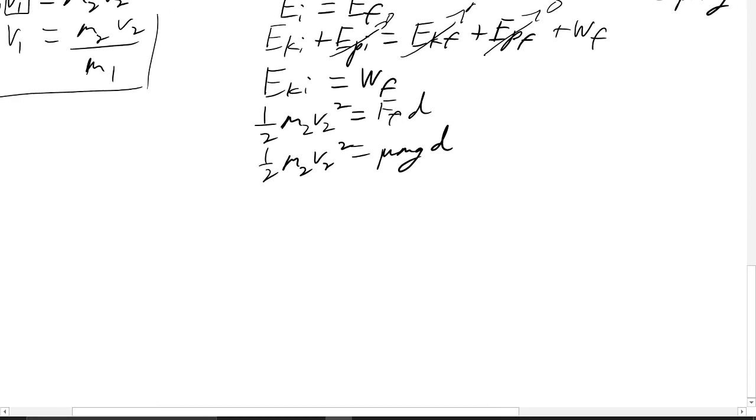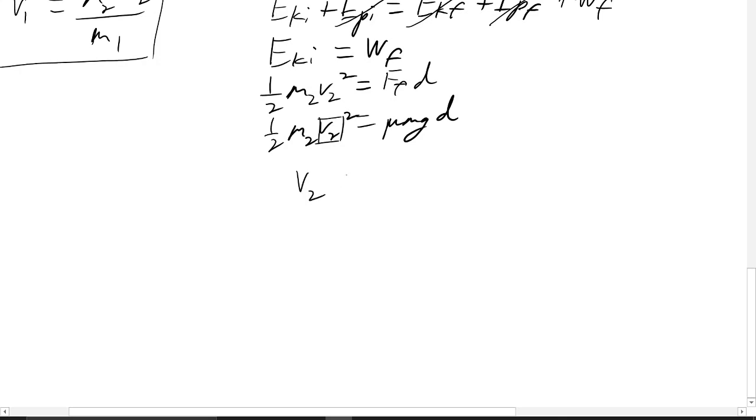So what we need to find is v2. So isolate this. v2 equals 2 mu, oh, I forgot to label this m here. That would be also m2.